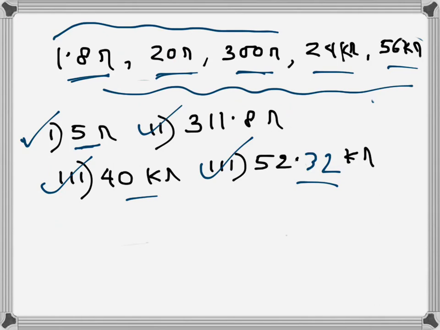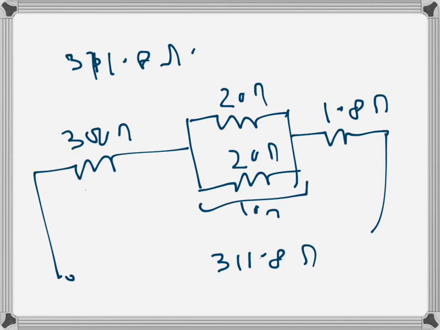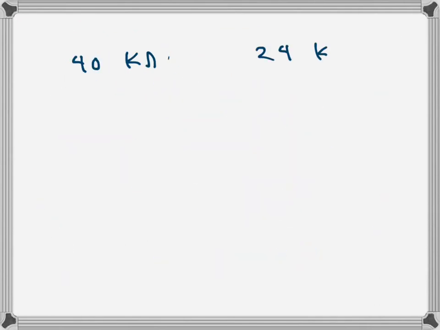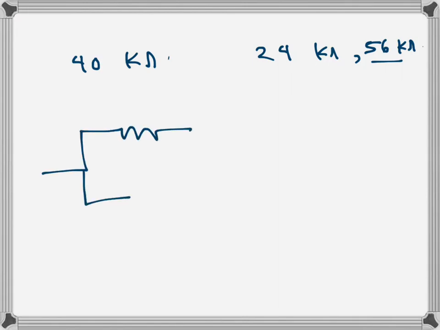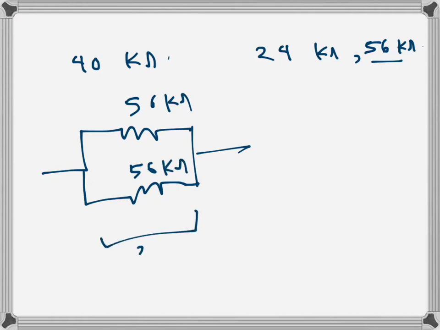Then there is the third one, 40 kilo ohms we need. So we have the kilo ohms resistances, we have 24 kilo ohms and 56 kilo ohms. So what we can do, if we use 56 kilo ohms in parallel, we will get half value, which will be 56 kilo ohms and 56 kilo ohms, two of them, giving 28 kilo ohms.